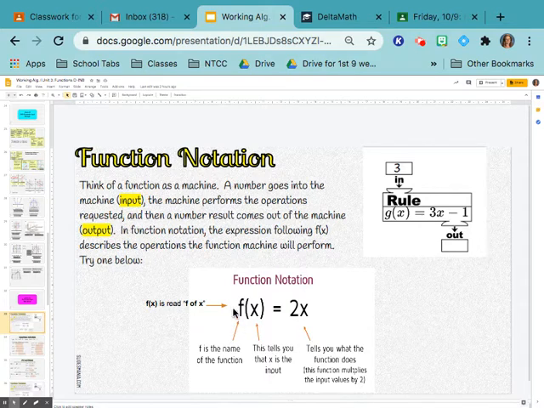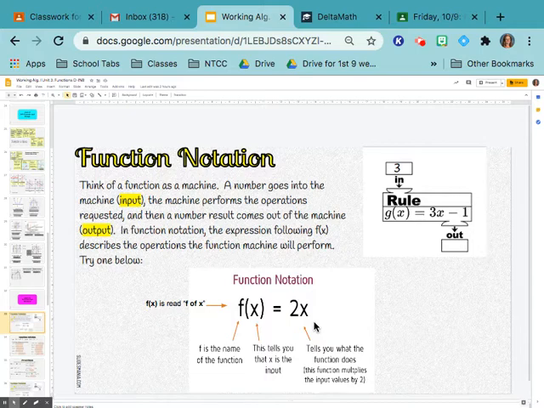There are different names of functions. So this one's just called f for function. And then x is our variable, that is the input, the independent variable. And then the 2x is actually what you're going to do as far as what operations to do. So you're going to multiply 2 times whatever x is.